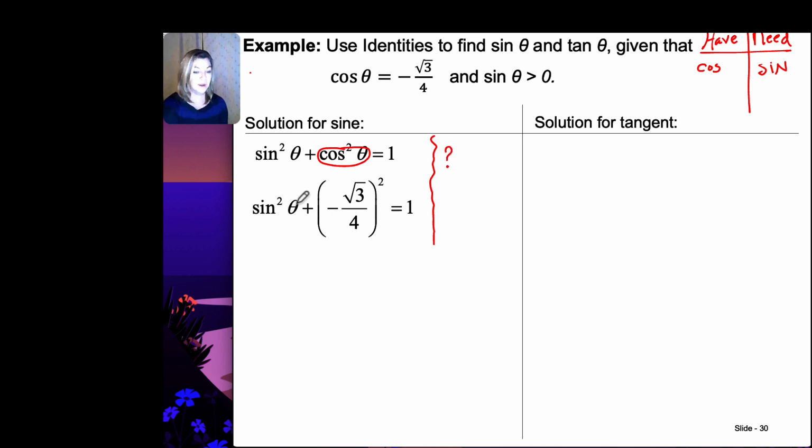Then there is a squared. Then there is a plus sign. Then there is an open parentheses, a negative radical 3 over 4. Then there is a closed parentheses, a squared, an equal sign, and a 1.